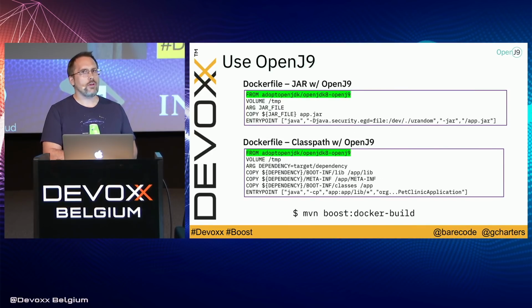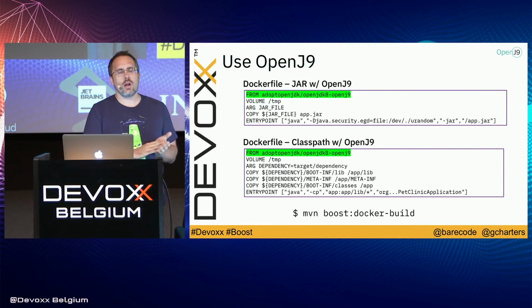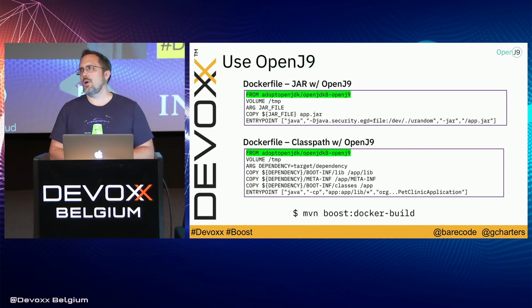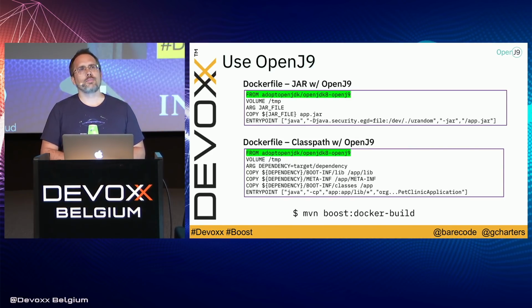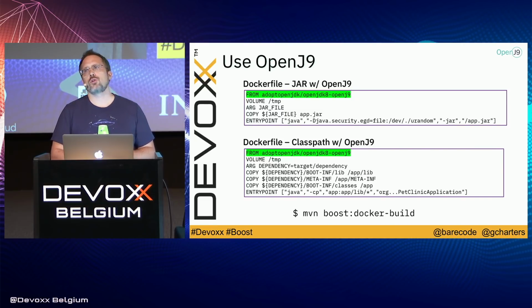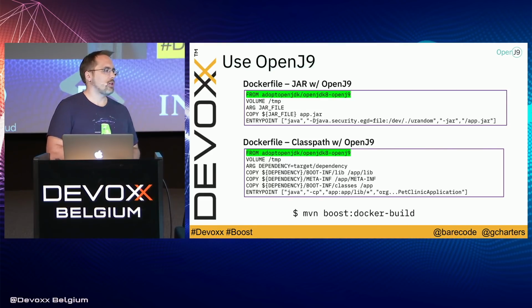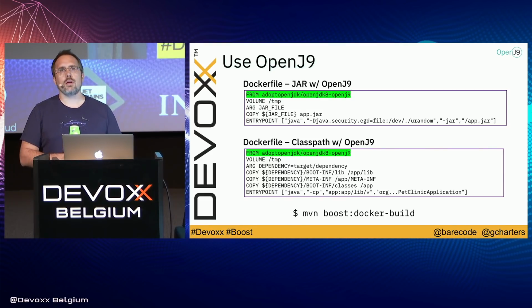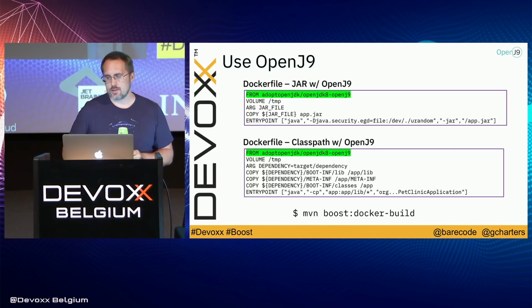So really, it's really, really easy to use OpenJ9. All I'm going to do is change my from line, right? So I was pulling from the official OpenJDK images out on Docker Hub. Here I'm changing my image to pull from the adopt.jdk space.